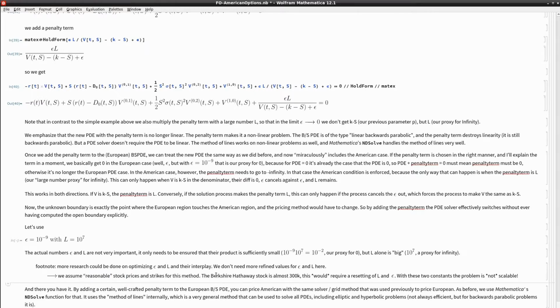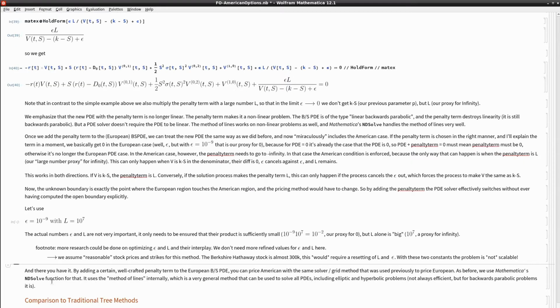So for example, if you take the Berkshire Hathaway stock that is almost $300,000 for one share, then this would definitely require a resetting of L and epsilon. You would have to recalibrate this problem. But most stocks are not $300,000 for one share. So I have to point out that for very large stock and strike prices, these two constants mean that the problem is not scalable.